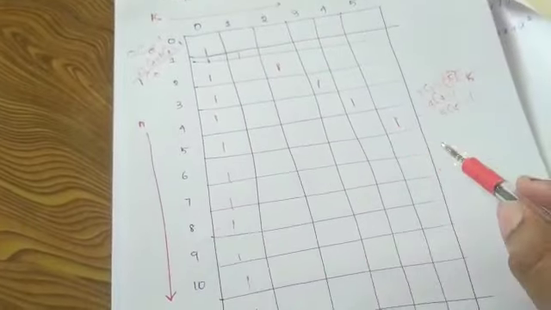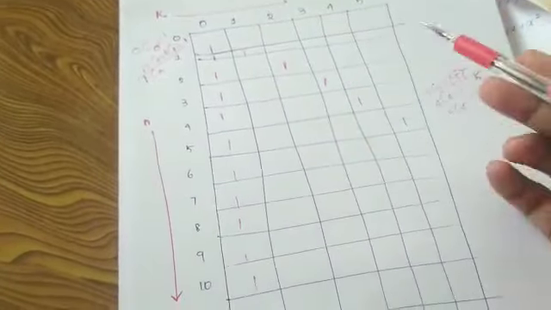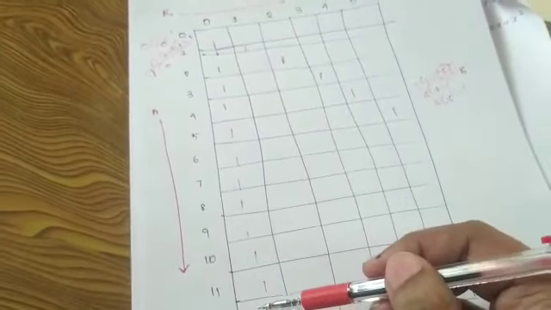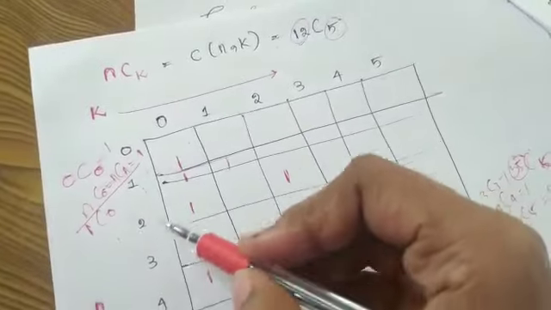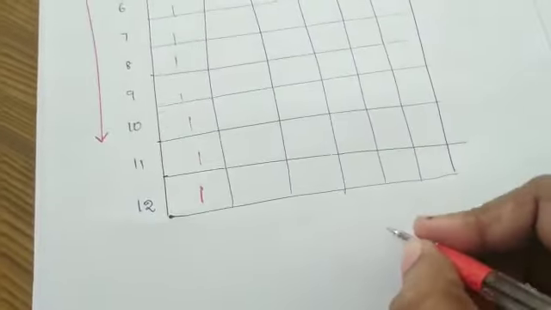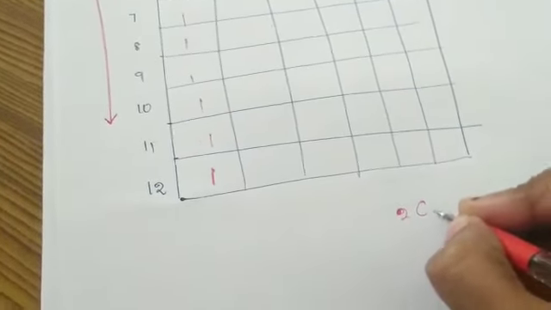So the leading diagonal containing nCn and the first column containing nC0 will be 1. Now we are going to calculate 2C1.